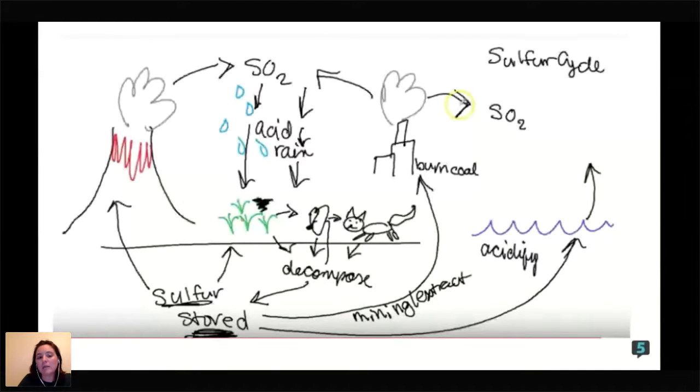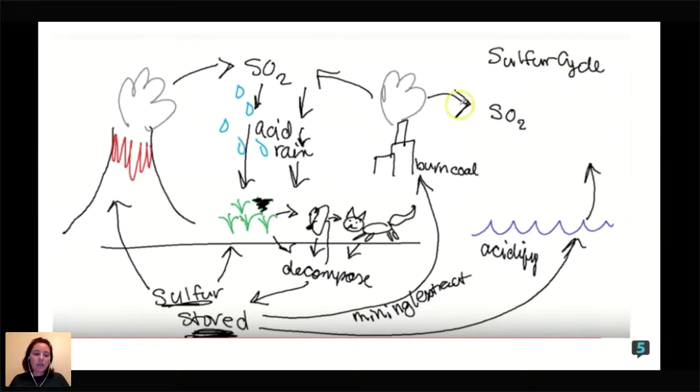Or, if it gets into the water, it can fall down to the bottom of bodies of water. Then layers of sediment can pack it all in, and it gets stuck in rocks. And then it can get out very slowly through the weathering of rocks or through a volcanic explosion or eruption.